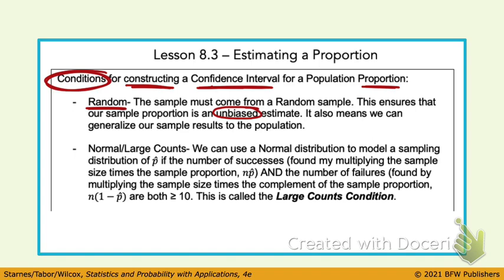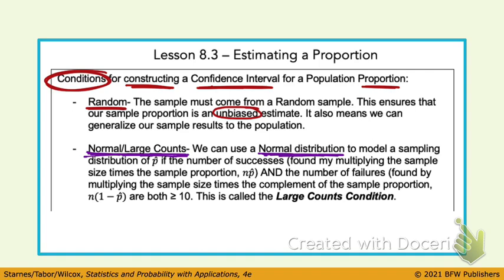Then we have our normal or large counts condition. This ensures that we can use a normal distribution to model our situation, okay? So to do that, we have to just check two things.